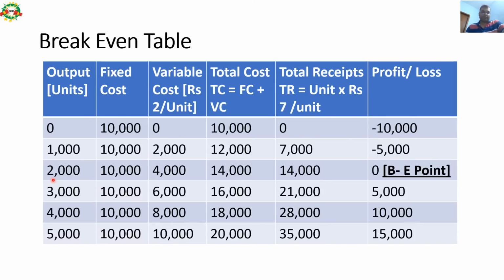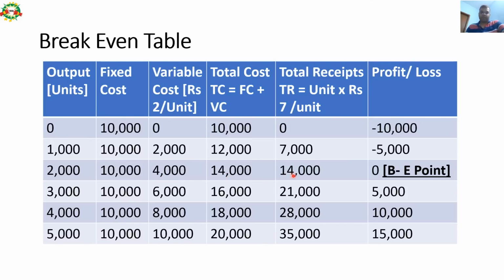Third scenario, for example, if the factory starts producing 2,000 units, in that case fixed cost will remain the same, 10,000 rupees given in the question, and variable cost will be 2 rupees multiplied by 2,000 units, which is 4,000. That means total cost will be fixed cost plus variable cost, 10,000 plus 4,000, which is 14,000 rupees.